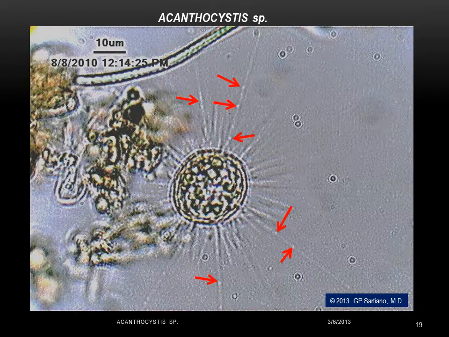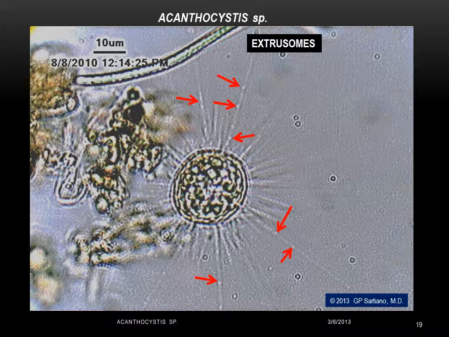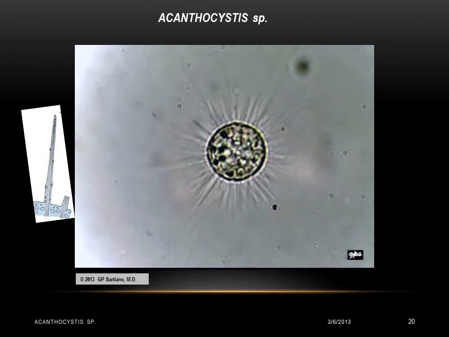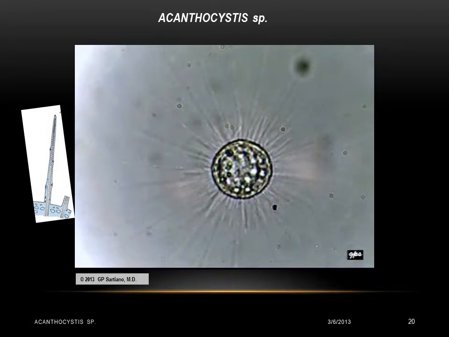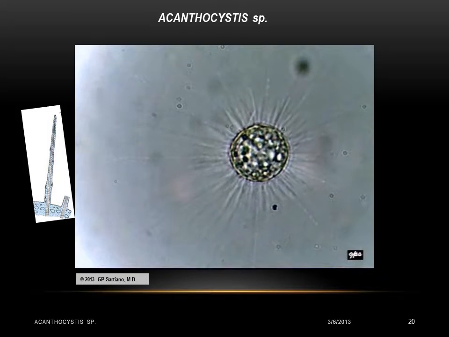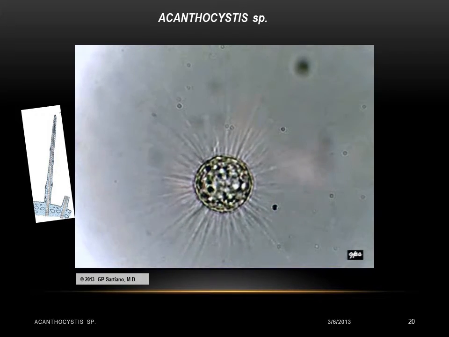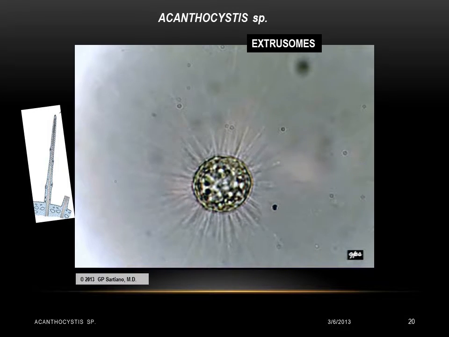The somewhat nondescript clear globules contained within the axopodia are extrasomes. In this video, they can be seen moving up and down the axopodia in a somewhat random appearing pattern.